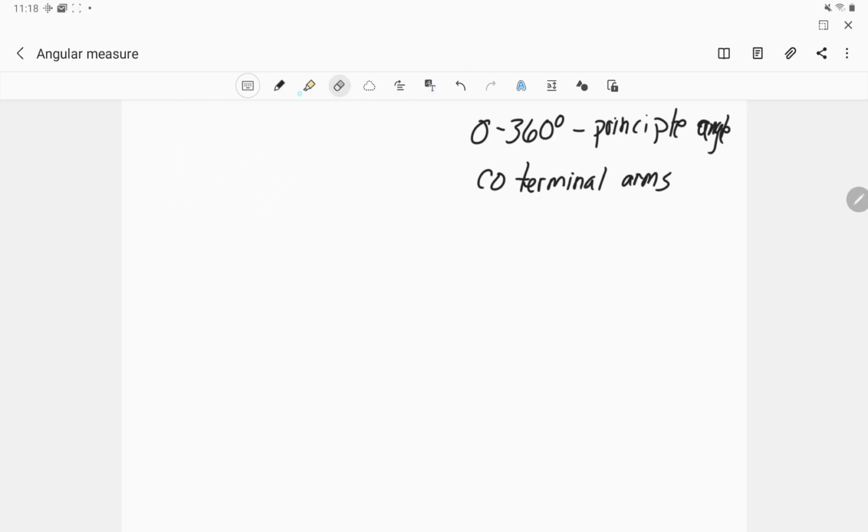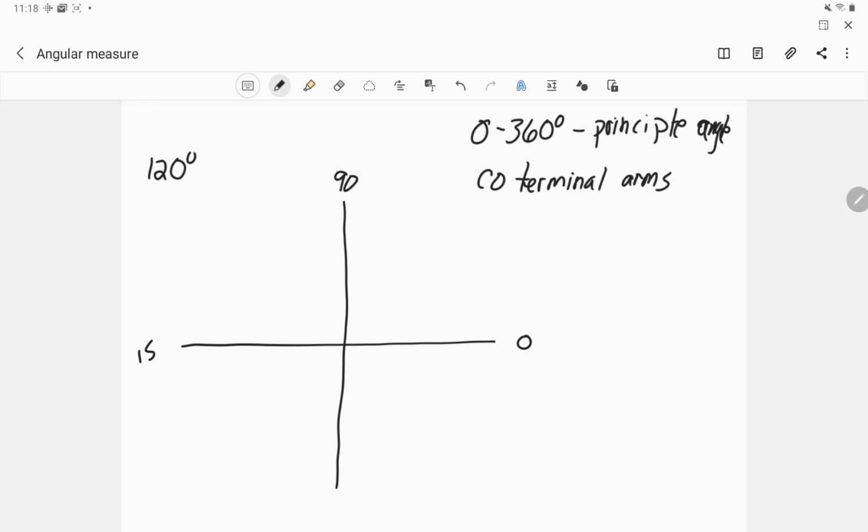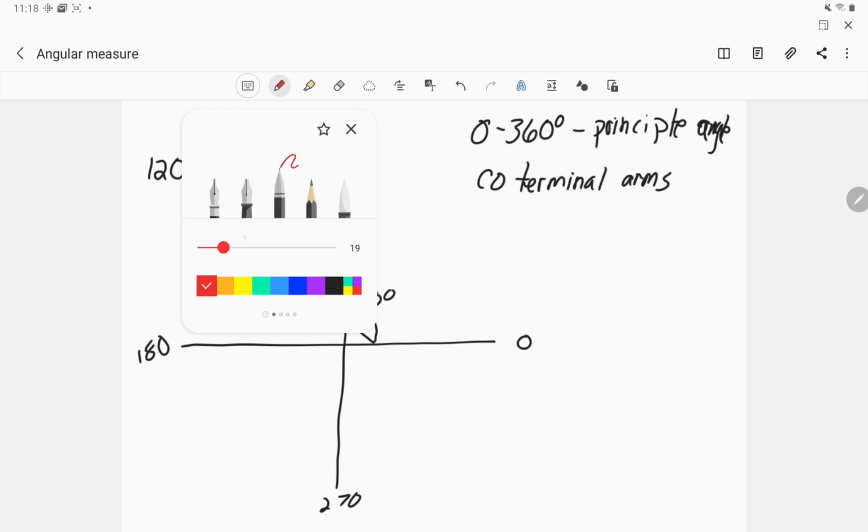If I said I want you to draw an angle that is 120 degrees, 0, 90, 180, 270. So if I start at 0, there's 90, another 30 degrees. That's about 120 degrees. It's going to be here in this section, all right?